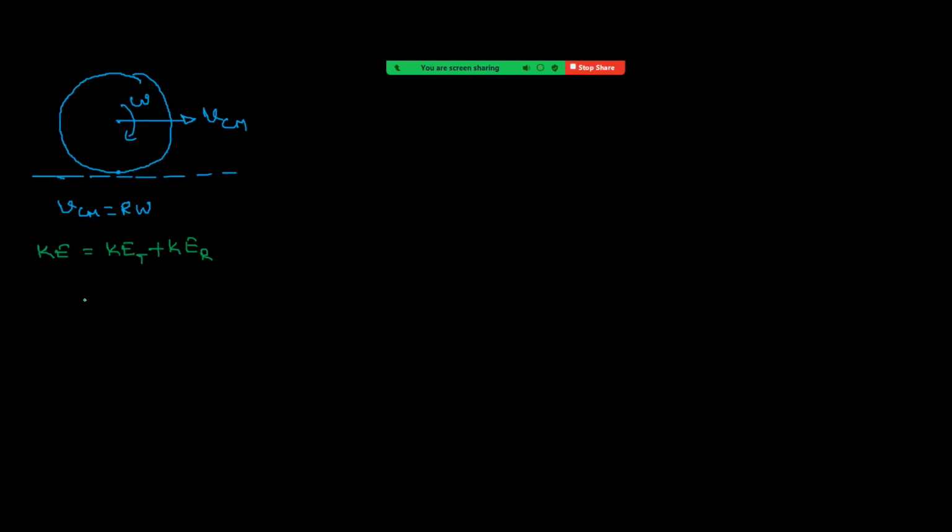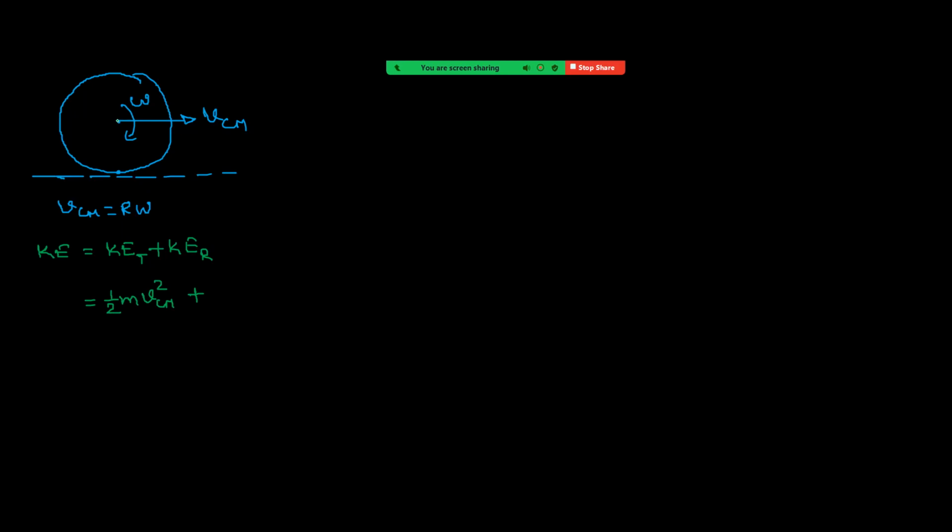When we say translation, each and every point in the body has the same velocity. So we are replacing the entire body with a single point, that is the center of mass. So it is half m VCM square. This gives us the kinetic energy because of only translation.